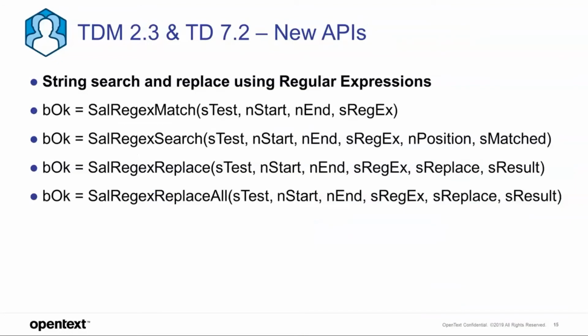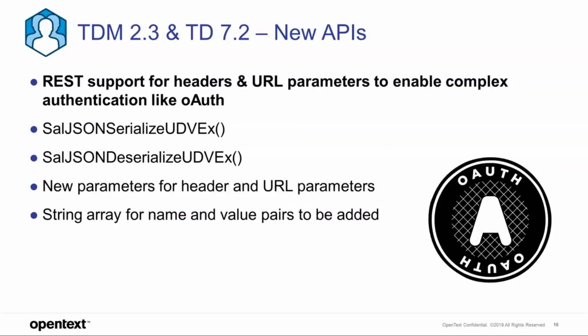So to accomplish that, there are 4 new functions in the TD Mobile and in Team Developer 7.2. There's style regex match, style regex search, style regex replace, and replace all. So these can be used to analyze your strings with regular expressions.